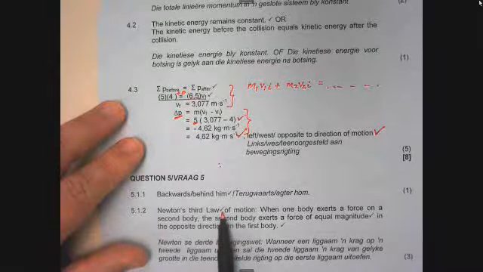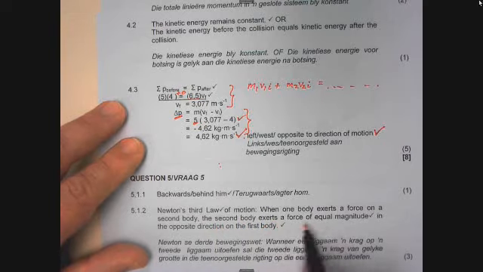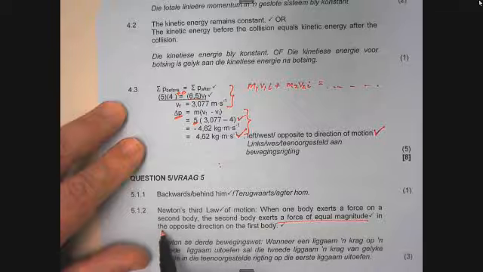Newton's third law, 1 mark, and then 2 marks for: when one body exerts a force on a second body, the second body will exert a force of equal magnitude, and in the opposite direction, on the first body.